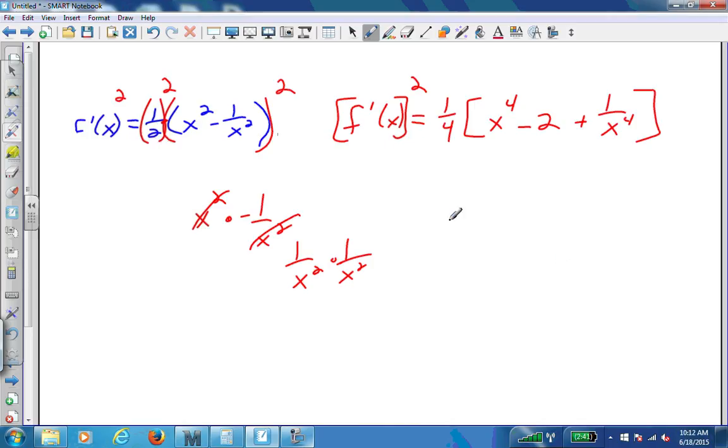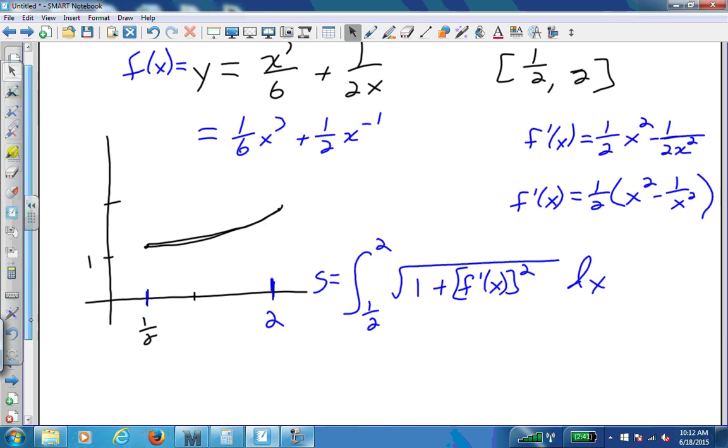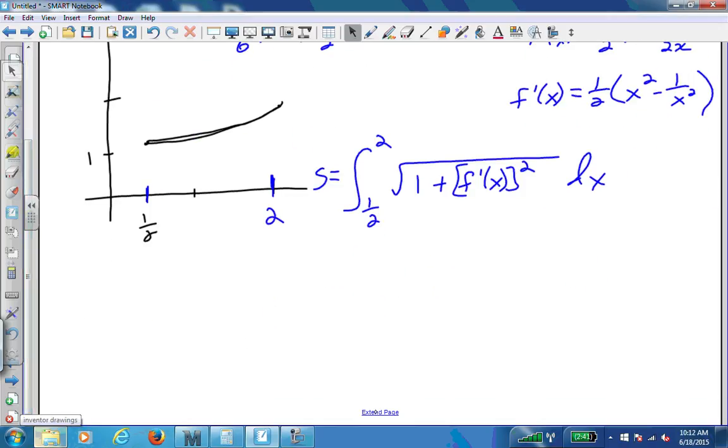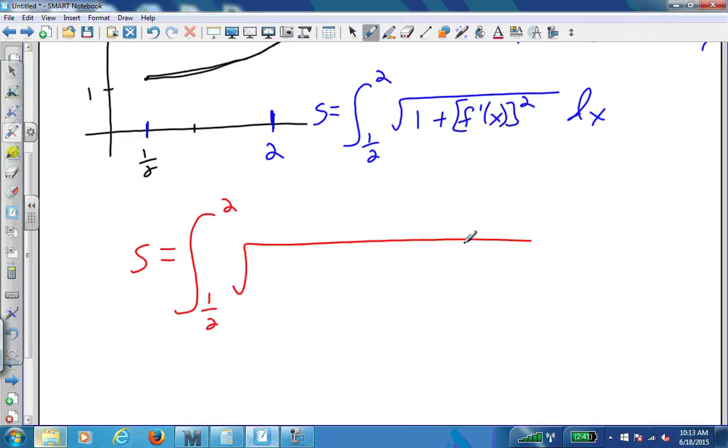Let's see. Let's just put this in first. Let's copy that, come over here. So our S is the integral from 1/2 to 2 of the square root of 1 plus what we just calculated.